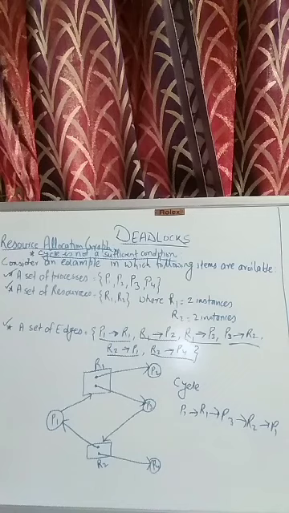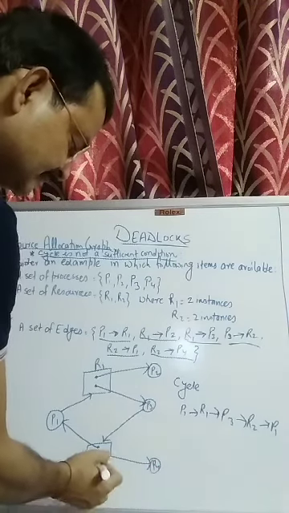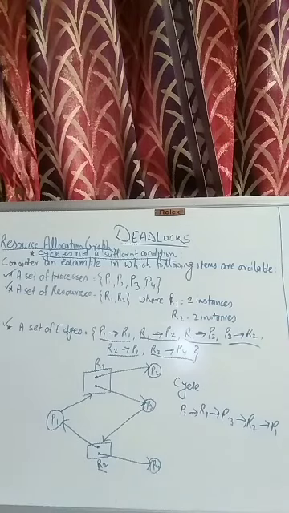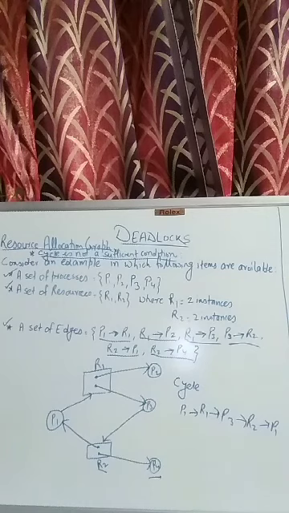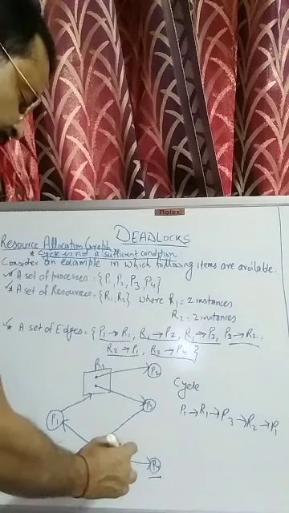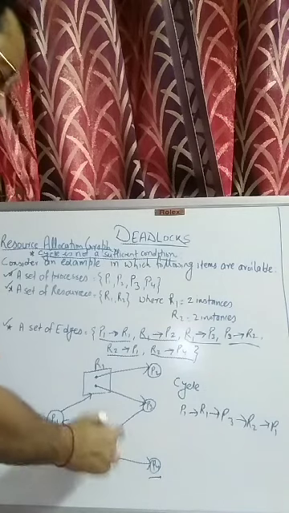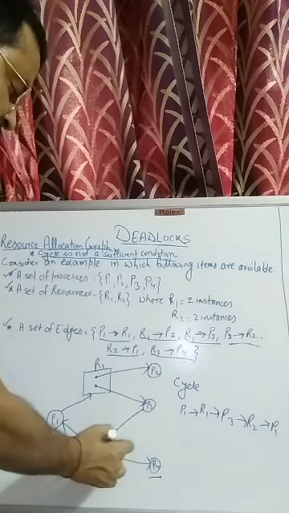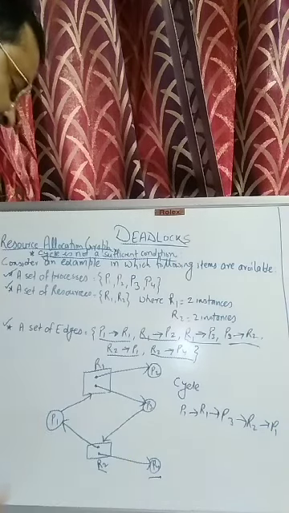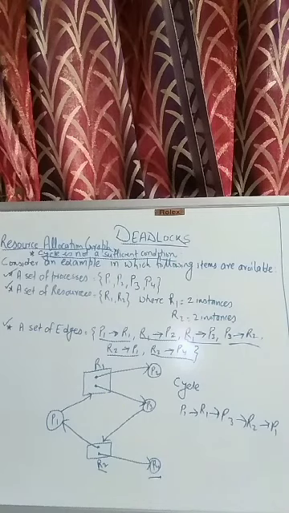because when P4, which is allocated one instance of R2, completes its task, then it releases the instance of R2, and after that this instance of R2 can be allocated to P3.